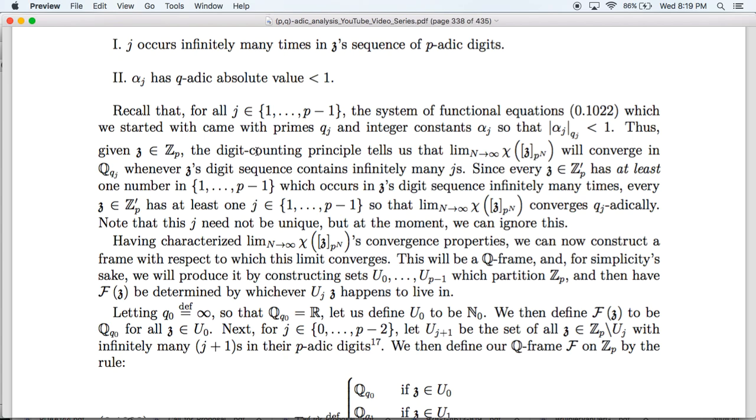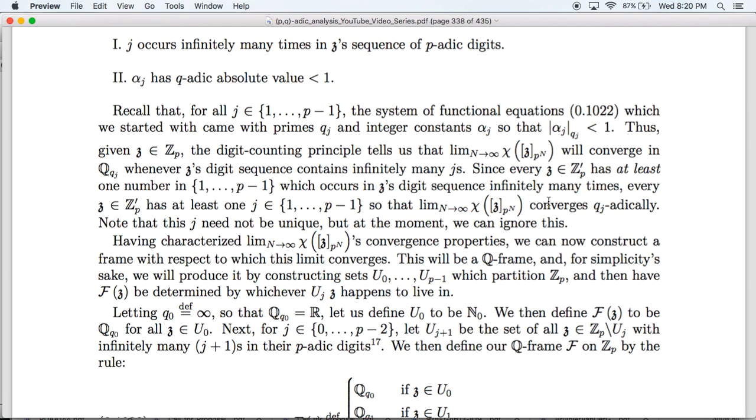So for example, if p is 5 and z has infinitely many 1s and infinitely many 3s, then this limit is going to converge q_1-adically and q_3-adically. So this gives us a great deal of freedom to choose a frame, because it's like the situation we saw last time where we had 3-adic and 5-adic convergence, but now there are even more combinatorial properties.